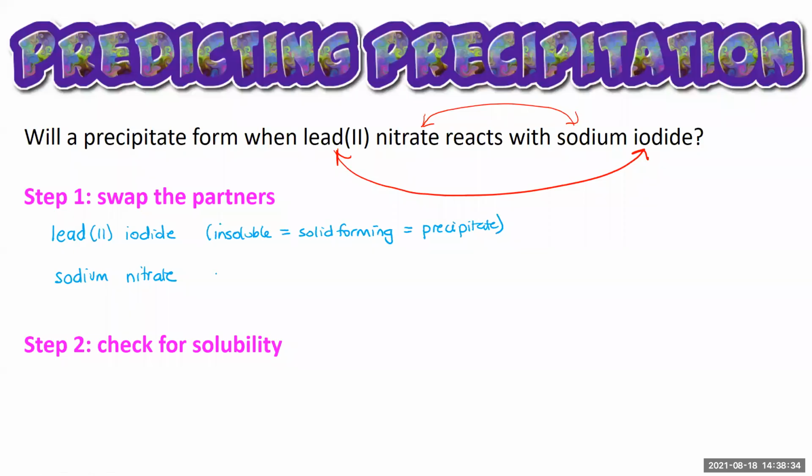Okay, so we found out that sodium nitrate is actually soluble. So to answer the question, will a precipitate form? Yes. And that precipitate's name will be lead 2 iodide.